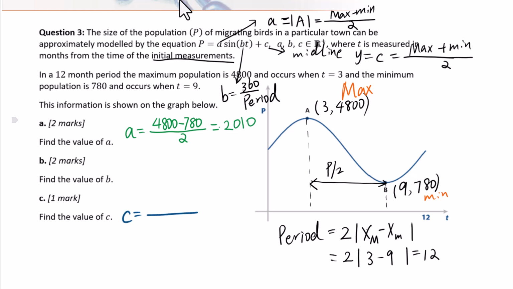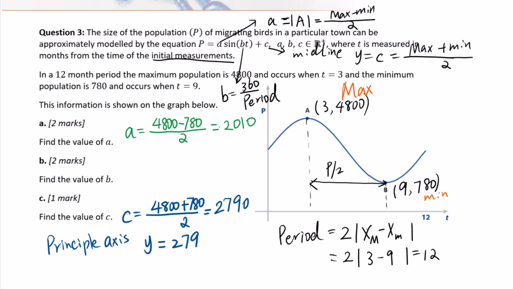C equals 4,800 plus 780 over 2 equals 2790. The principal axis will be y equals 2790. B equals 360 over 12 equals 30.